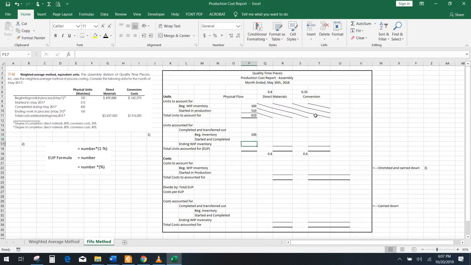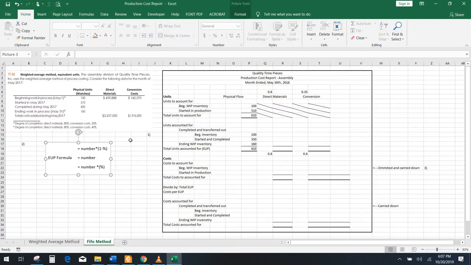We know the total has to be 610. That's the same as well. Started and completed, ending work in process, given right here, ending work in process 160. So this has to equal the difference of this and these two numbers. And that's 350. Now, that's the first major change.